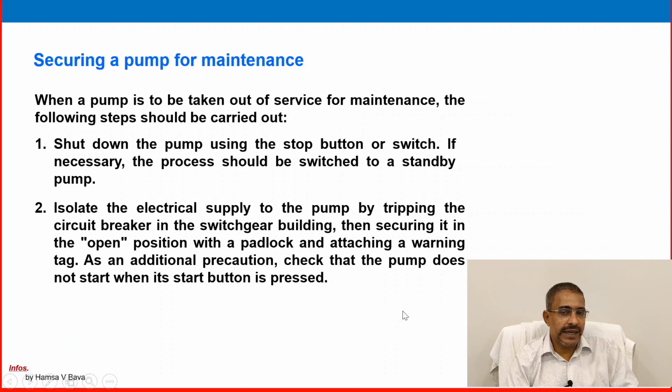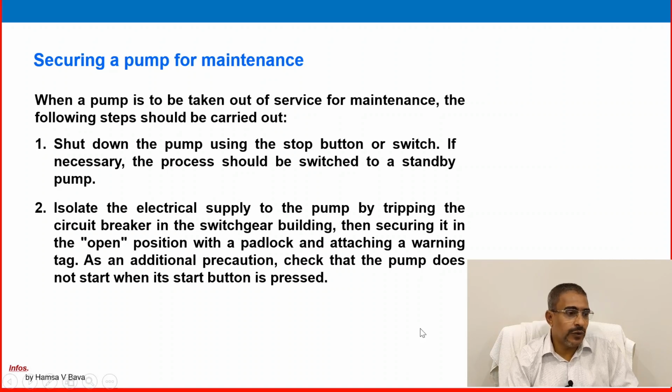Normally, when a pump is taken to maintenance, we will release the circuit breaker so that electrical energy is isolated. Then we will use a lock and tag system to prevent unauthorized starting, so electrical energy is not energized. So this is the electrical safety procedure.